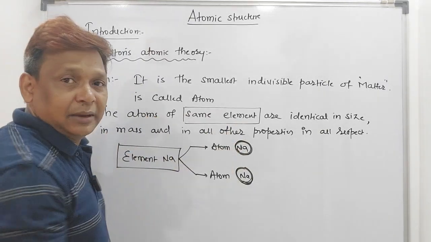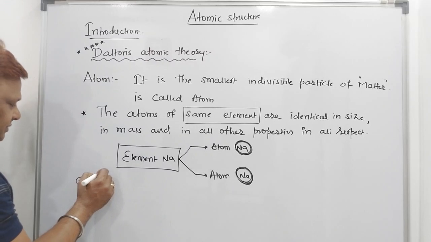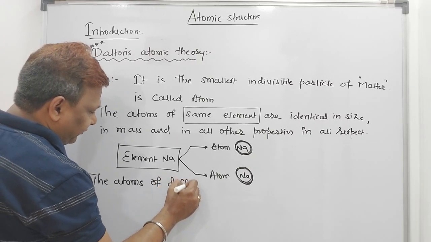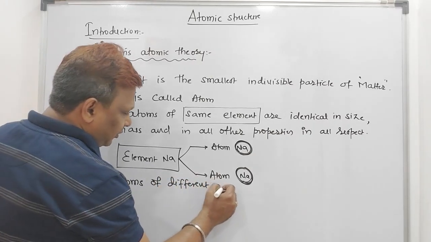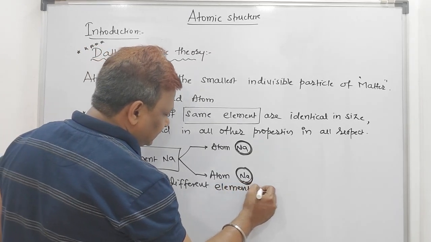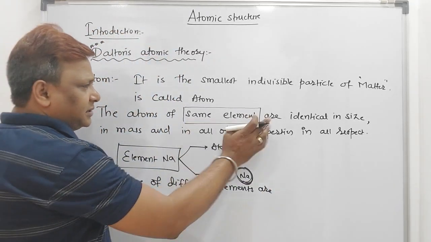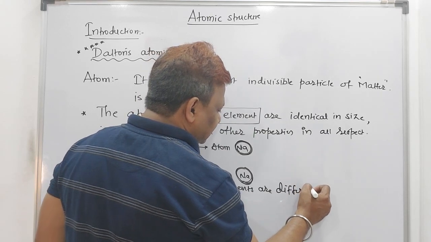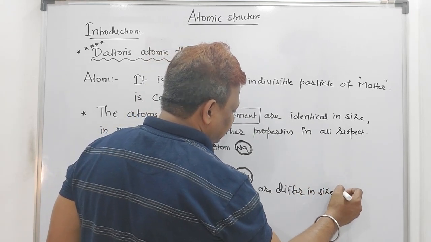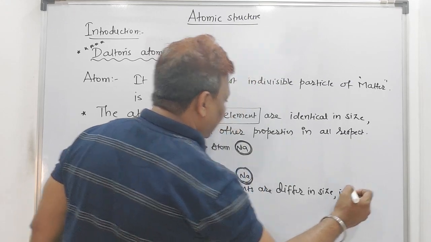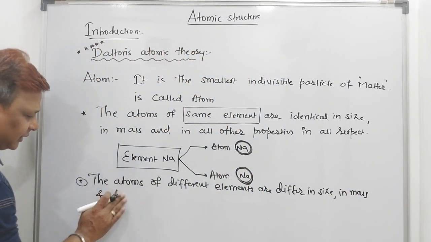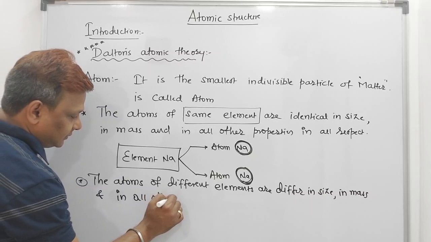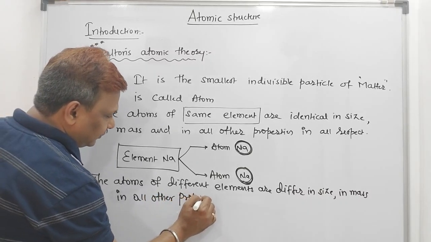If atoms of different elements are there, see beta, the atoms of different elements differ in size, obviously, beta, differ in mass, and differ in all other properties.